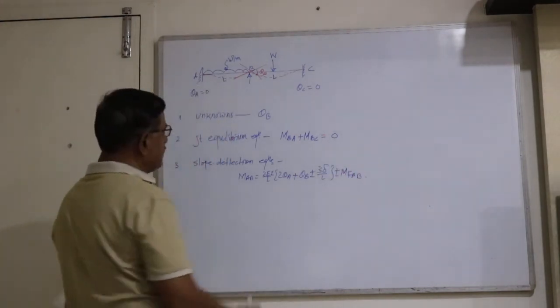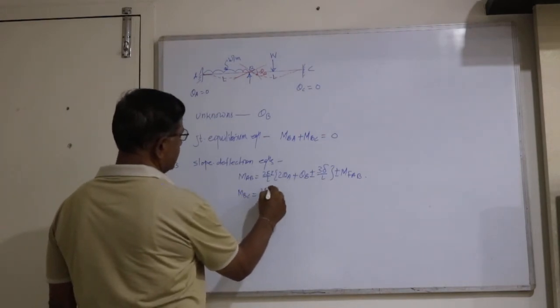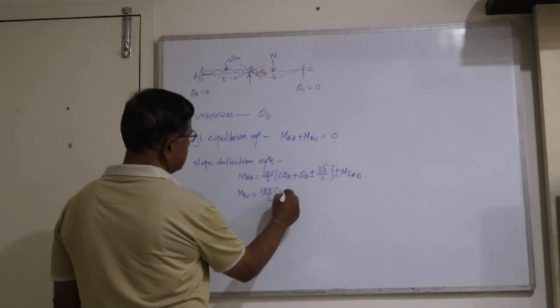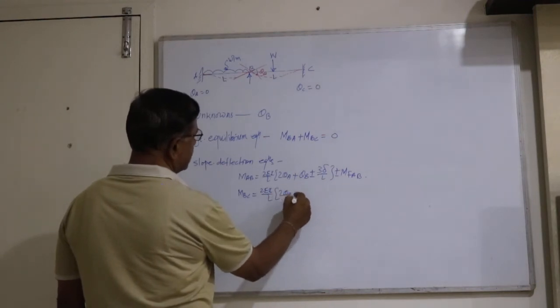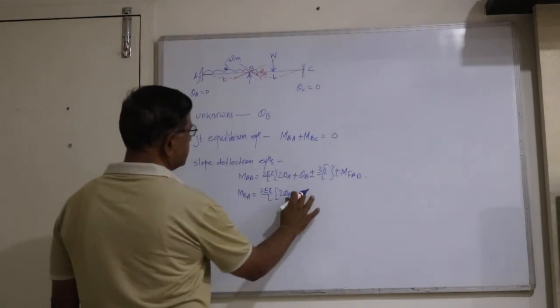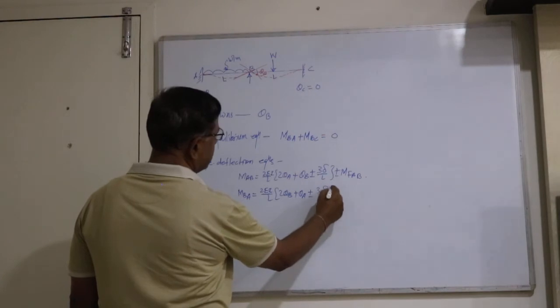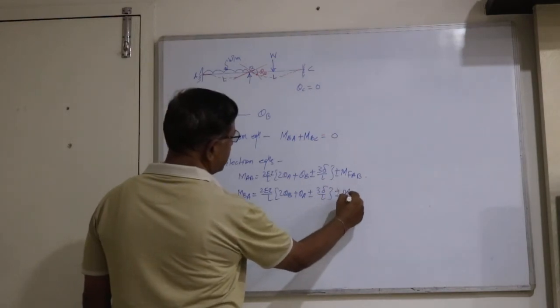So that we have to develop. Then MBA equal to 2EI upon L into 2 theta B plus theta A plus minus 3 delta by L plus minus MF BA.